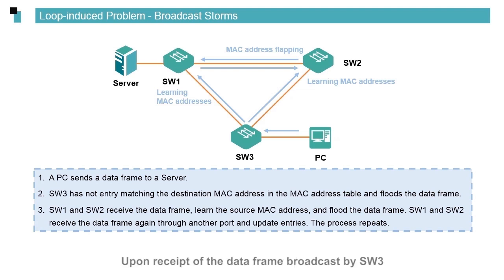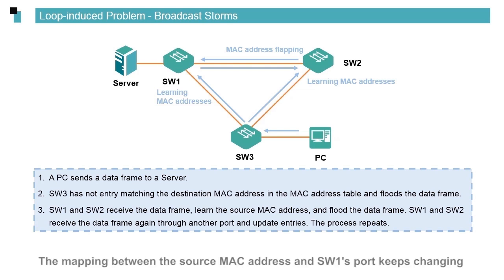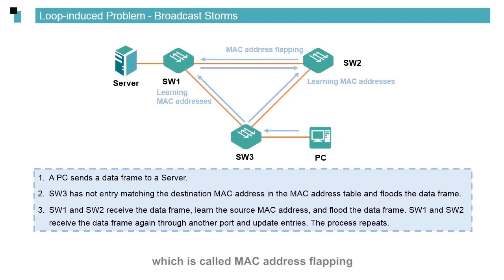Upon receipt of the data frame broadcast by SW3, SW2 transmits the data frame to SW1. SW1 creates another entry mapping the source MAC address to the local port connected to SW2. The mapping between the source MAC address and SW1's port keeps changing, which is called MAC address flapping.